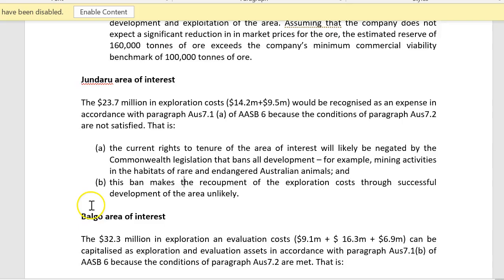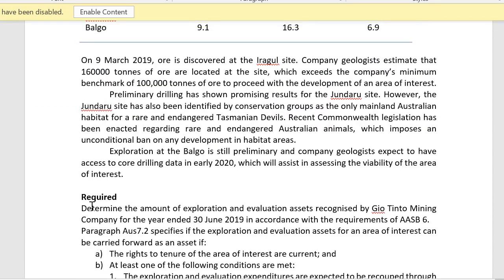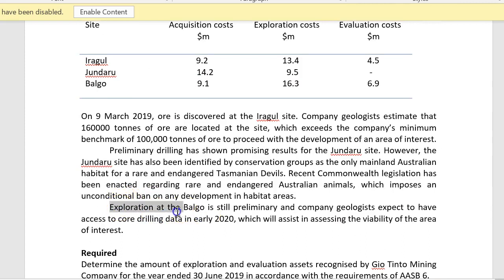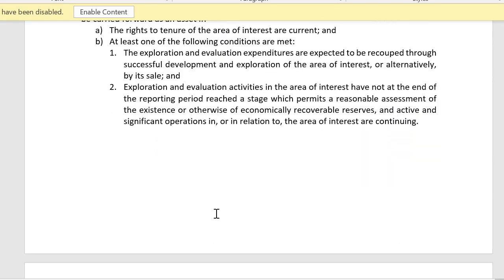All right, Balgo. Exploration at Balgo is still preliminary, and the company's geologists expect to have access to core drilling data in early 2020. We're still on 30th of June 2019, which means they haven't yet estimated how many tons of iron ore reserves are in the mine, so they cannot yet determine an estimation.